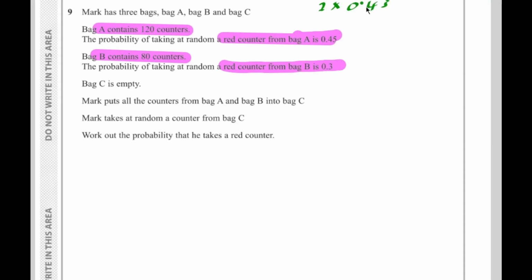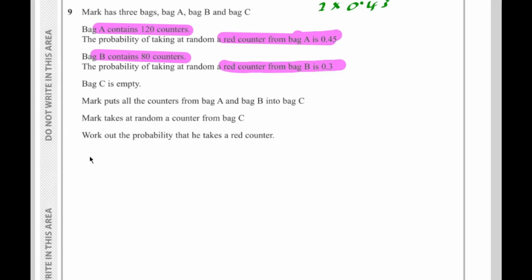Then we can figure out the number of red counters in bag A because there are 120 chances, right? If you want to check whether they are red or not, you have to put your hand into that bag 120 times. Then we can figure out the number of red counters.